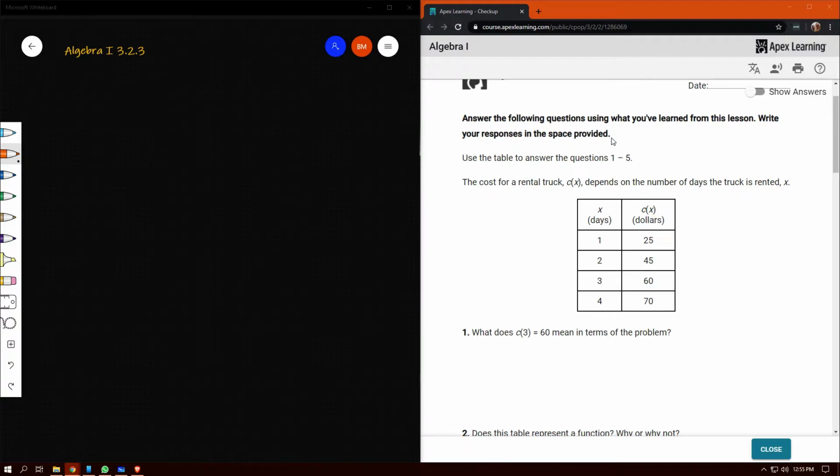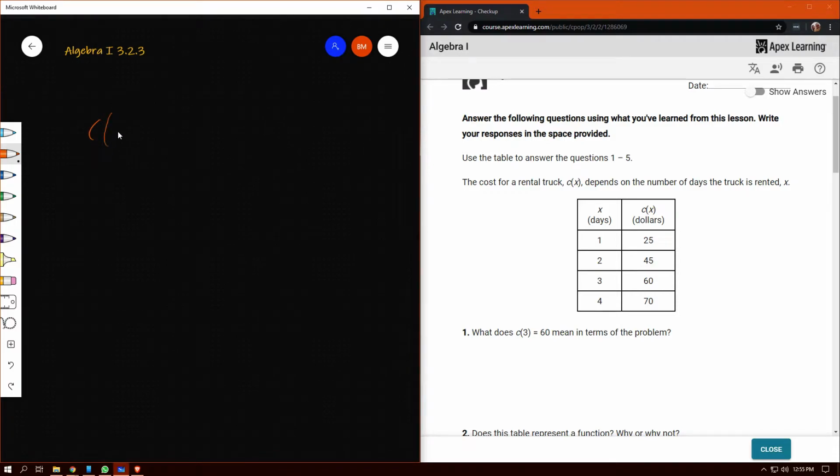And the first question is, what does C of 3 equal 60 mean in terms of the problem? Well, we know that this entire expression, C of 3, is cost. So what we're saying is that the cost is equal to $60.